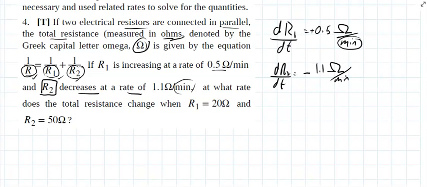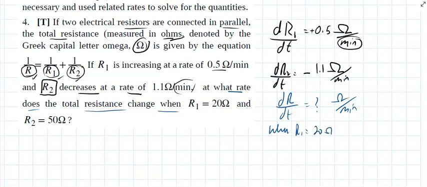At what rate does the total resistance change? That R is changing at what rate when R1 is 20 ohms and R2 is 50 ohms.